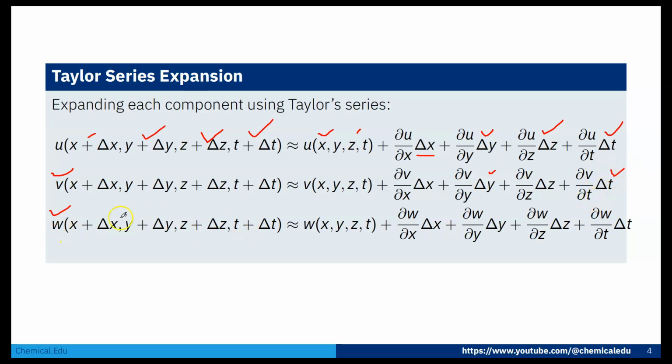Similarly, w of x plus del x, y plus del y and z plus del z and t plus del t, we can write w of x, y, z, t plus partial derivative of w with respect to x into del x, partial derivative of w with respect to y into del y, partial derivative of w with respect to z into del z, partial derivative of w with respect to t into del t. So these are the Taylor series expansions.